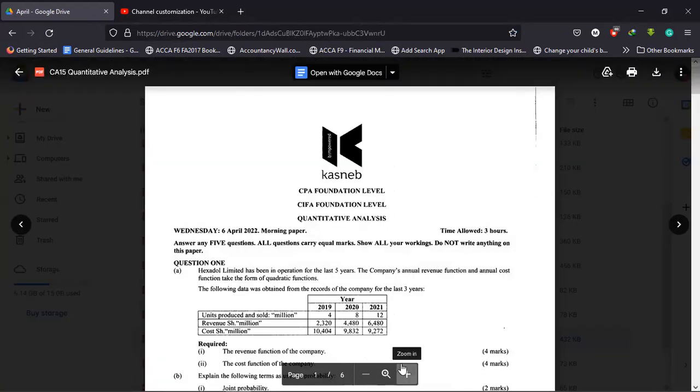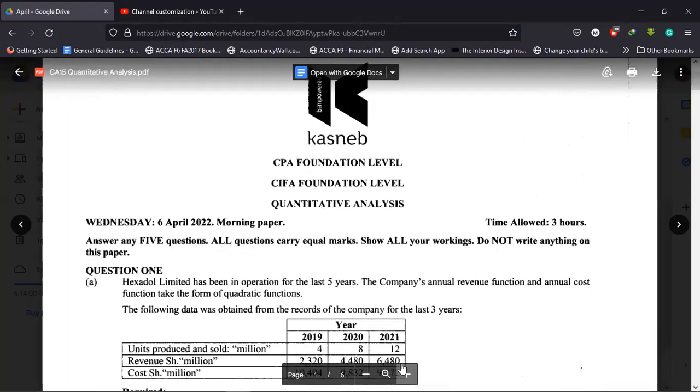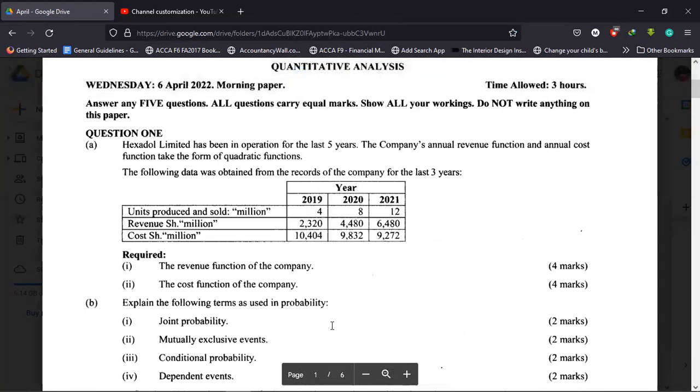Very good. You can see the question here with us. You can read question number 1A. Hexadol Limited has been in operation for the last 5 years. The company's annual revenue function and annual cost function take the form of a quadratic function.